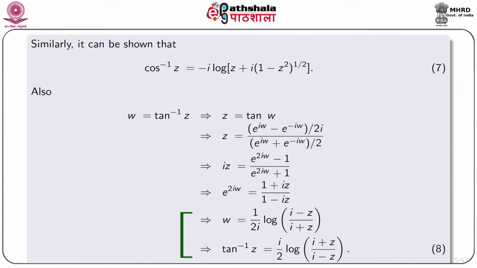From this we obtain w equal to 1 by 2i log of ((i minus z) by (i plus z)), and therefore tan inverse z equal to i by 2 log of ((i plus z) by (i minus z)). This is equation number 8.